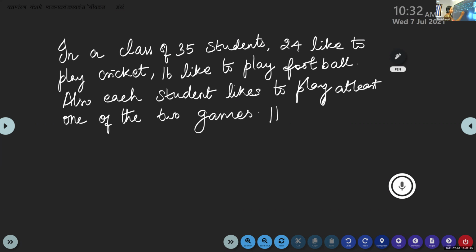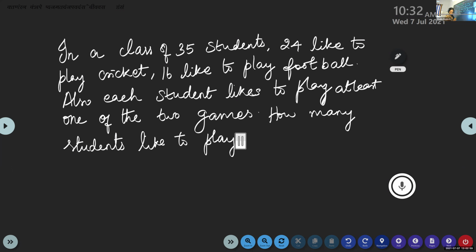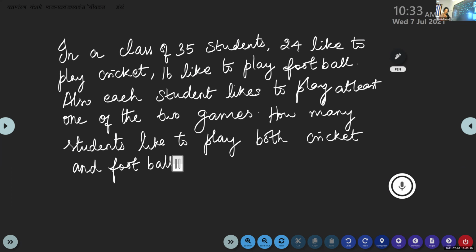How many students like to play both cricket and football?